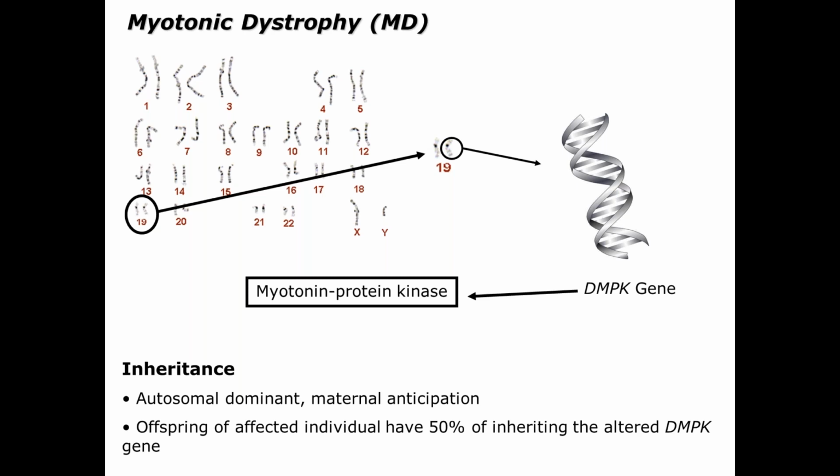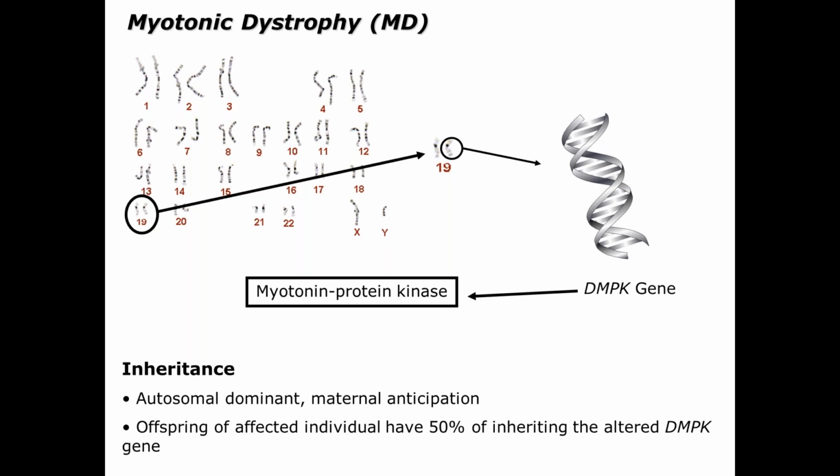This DMPK gene is named basically from the Latin word of the protein, dystrophin myotonia. This gene is on the 19th chromosome. We all have two copies of the 19th chromosome, so we all have two copies of this DMPK gene.